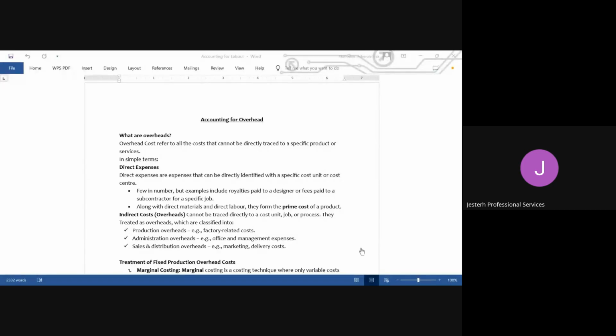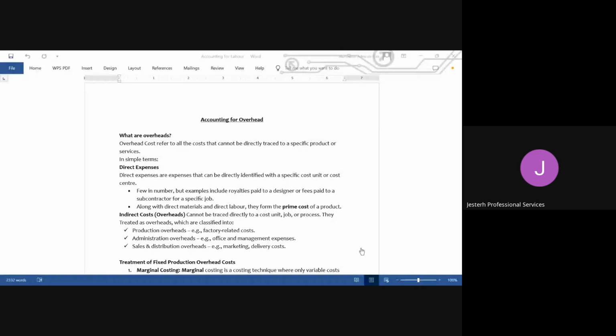And I also mentioned that whenever you see questions, even though it's a question that you understand very well, ICAN can be so funny. You need to know what exactly they asked you to do. Now, one thing in management accounting is that every organization usually sets their standard.